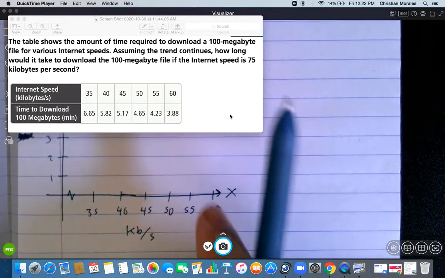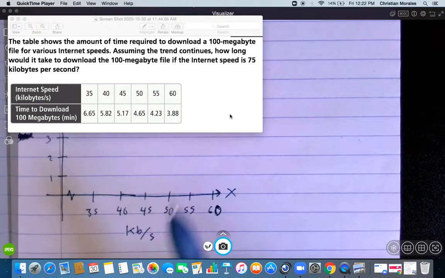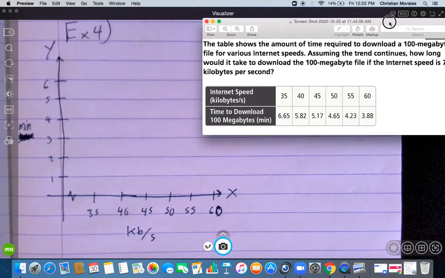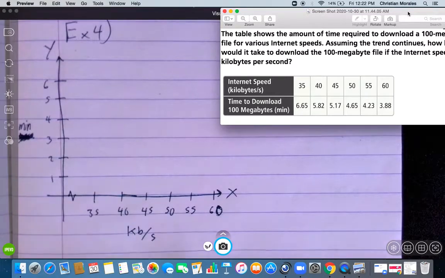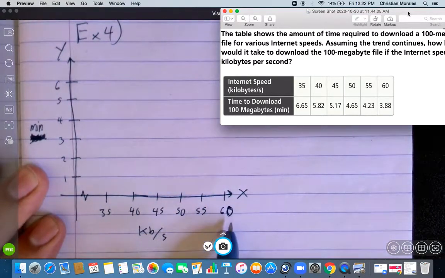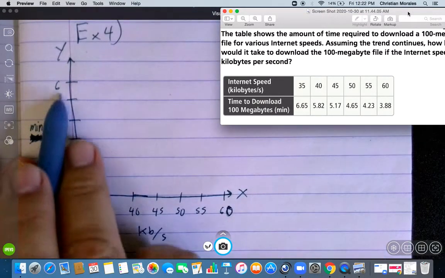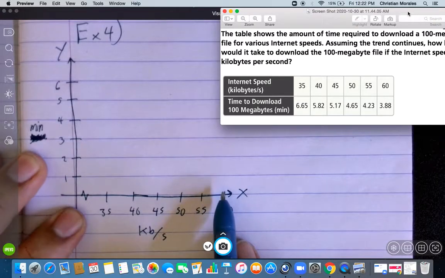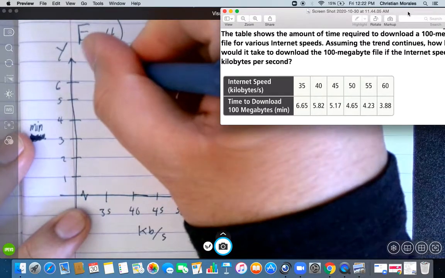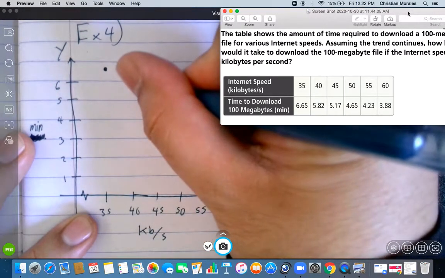Okay, sorry I had a little jump there, but for sake of time, I'm going to skip the graphing part of it because to make a trend line, you need to take that information and graph it. So the internet speed is your x-axis. The time it takes to download, which is in minutes, is right here. And then if you graph this information, let's see, 35 takes 6.65, that'd be somewhere up here. 40 takes 5.58, somewhere over here.